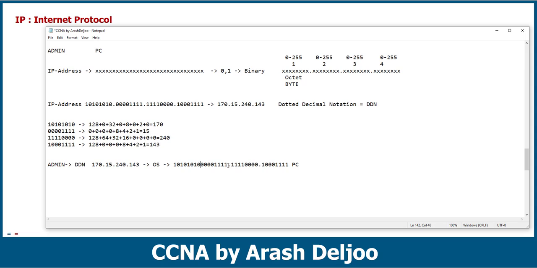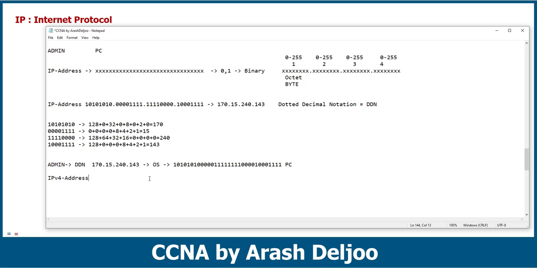This means that the OS can convert the dotted decimal notation to binary, and also binary to dotted decimal notation. Because of that, the administrator can easily assign the IP address in dotted decimal notation, and the PC can use its binary format. Because of that, in almost all cases you will see only the DDN value in IPv4. Okay, that's about the IPv4 address.